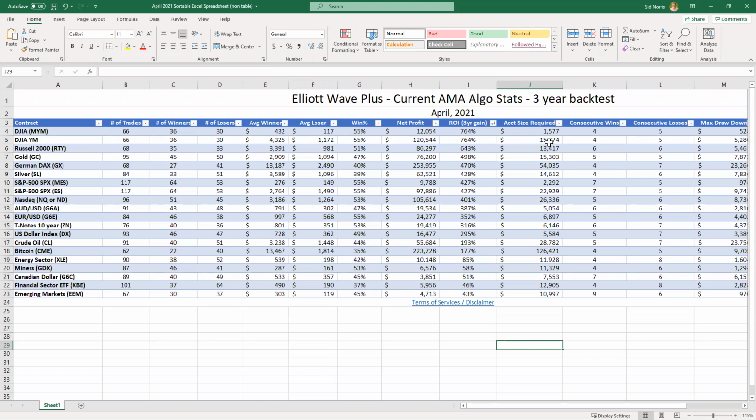If you just let it run and took all the signals, it would have put up these kinds of returns. Well, the Dow Jones did very well. The Russell did well. The gold and the DAX and the silver and the S&P and the NASDAQ, I would say all of those did really well. The Australian dollar, the euro, these return on investment numbers are, quite frankly, absolutely enormous.